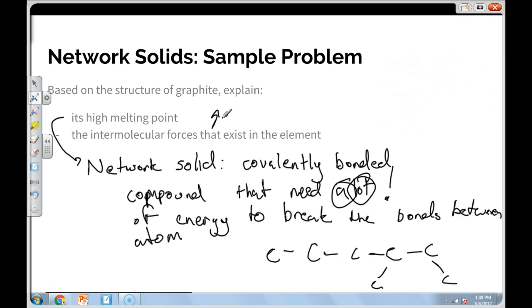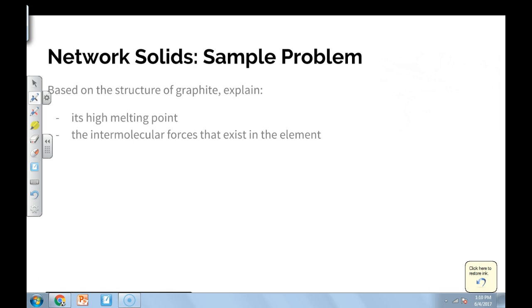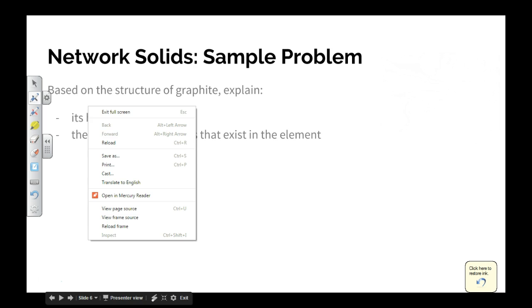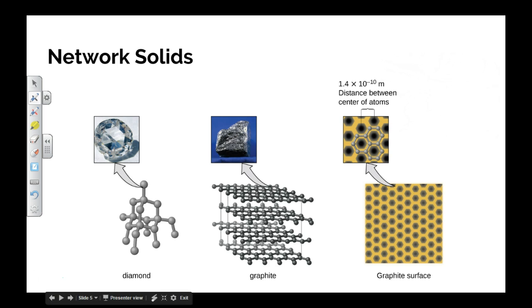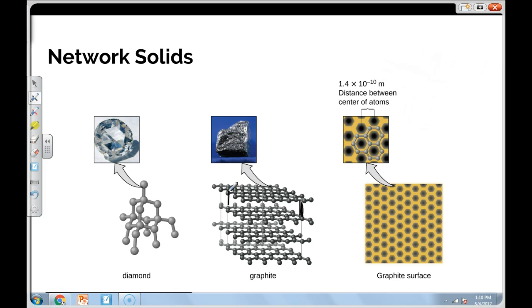Okay, so what are some of the intermolecular forces that exist? Well, you could say that a covalent bond exists, but that's not really an intermolecular force. And so if we're going to really answer this question, we probably should go back to the previous slide. Okay. The intermolecular forces are really just the forces that exist between the sheets here, because that's a covalent bond, and a bond is a bond, not a force.